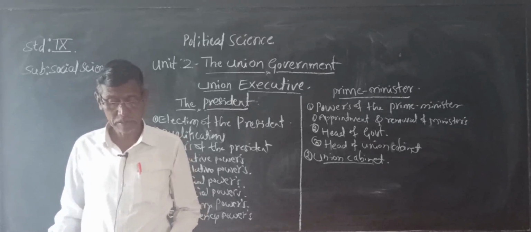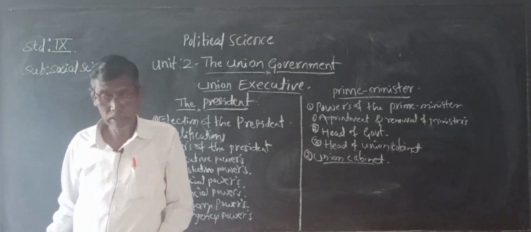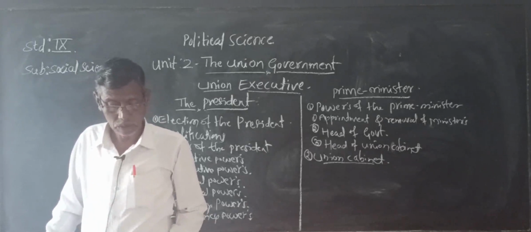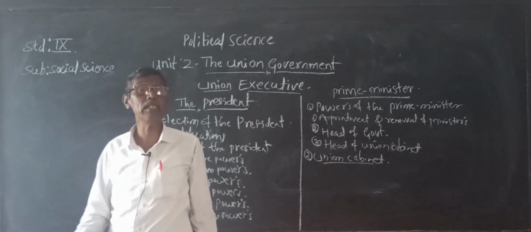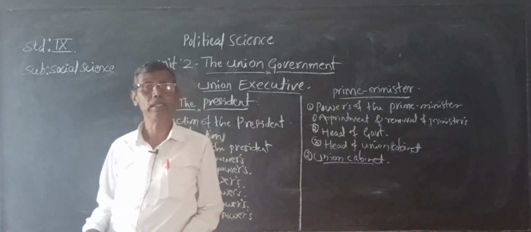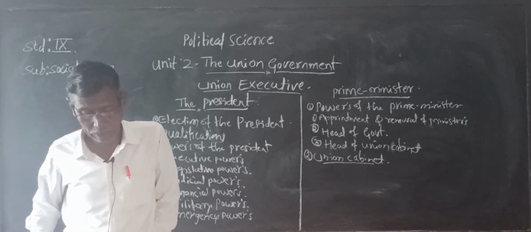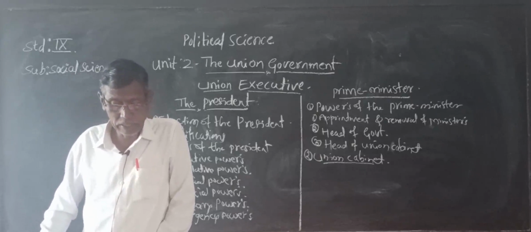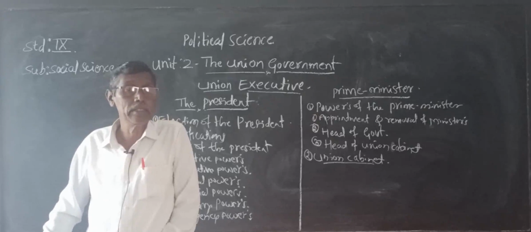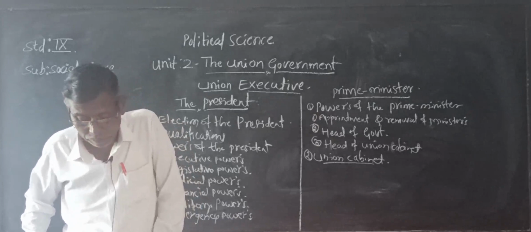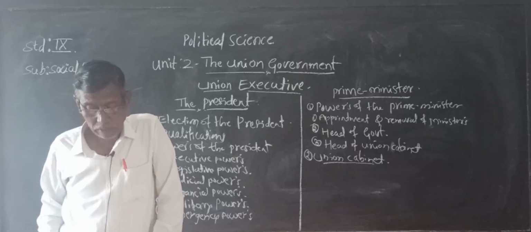Now the discretionary powers of the President. The President can exercise certain powers without waiting for the approval of the Union Cabinet. There, he may invite the leader of any one party to form the government sometimes, if no single party has got a majority after the election.